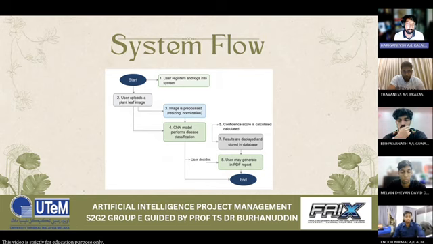This means the model that we trained will classify whether the plant is affected or not. The fifth step outputs the confidence score. The next is that the result is displayed and stored in the database. And lastly, the user may generate a PDF report. Then next.